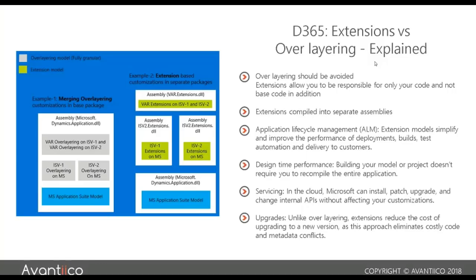There are significant benefits for taking advantage of updates, new features, hot fixes and functionality from Microsoft, and they can continue to deliver their updates without having to worry about your customizations. It reduces the cost of not just upgrading to a new version, but of staying current and applying updates, and it reduces this costly code upgrade every time Microsoft applies an update.